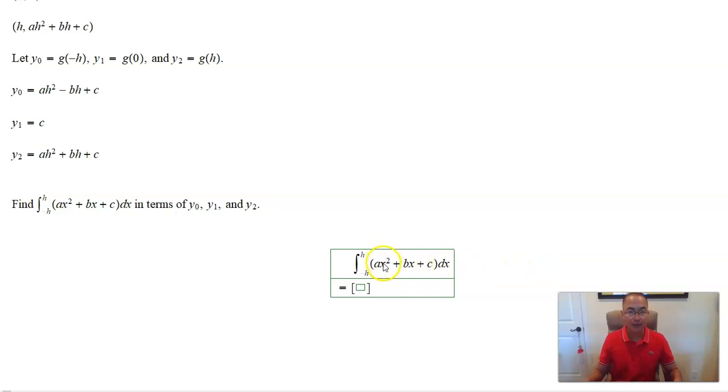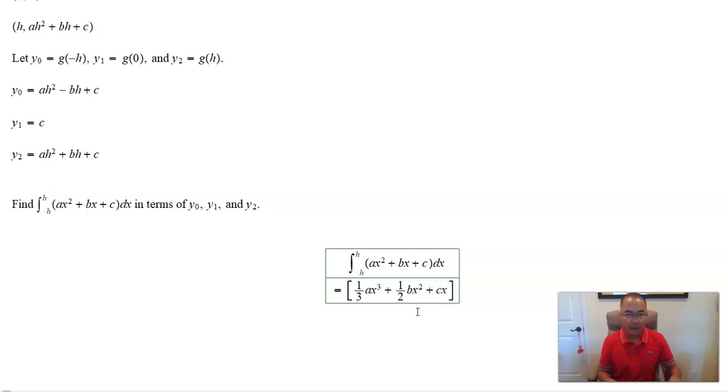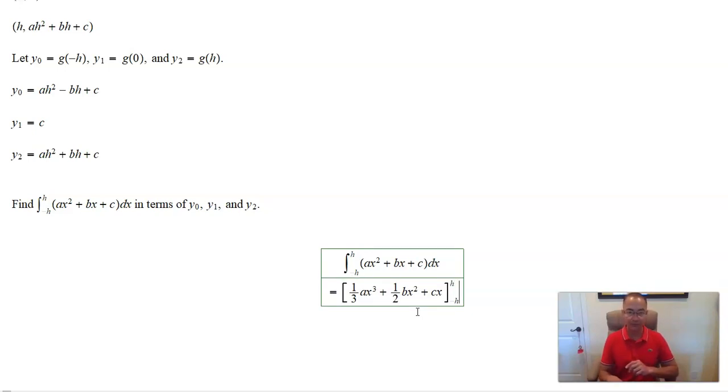So we have x cubed over 3, 1/3 ax cubed, and then x becomes x squared over 2, so 1/2 of bx squared, and then the plus c will turn into plus cx. We are evaluating from negative h to positive h.